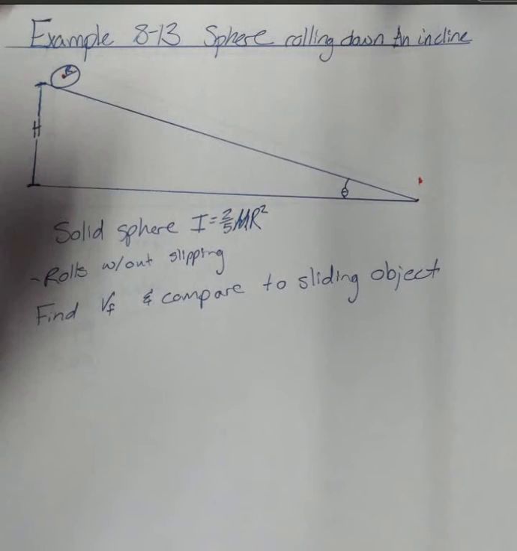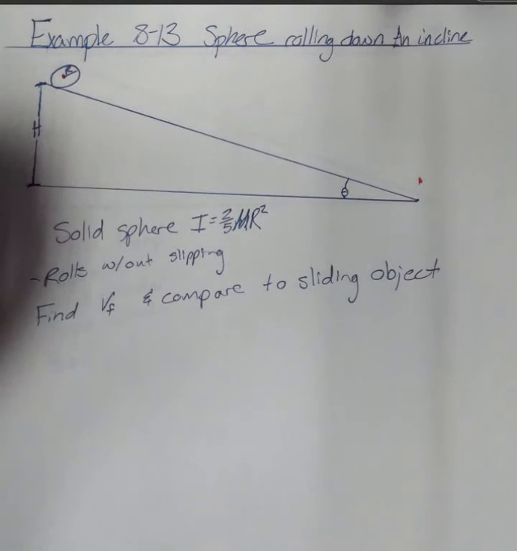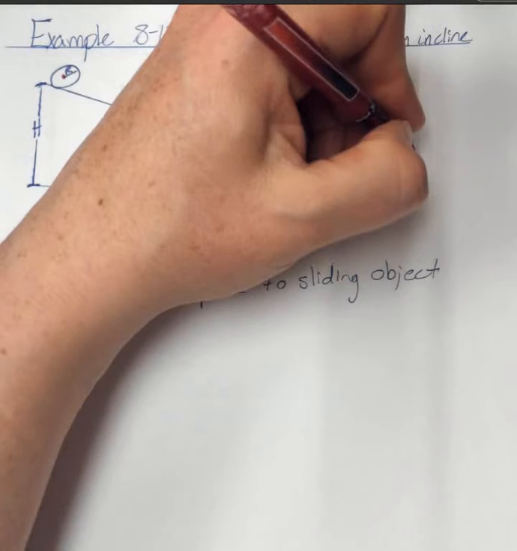And since that sphere is rolling down the hill, it's going to have rotational energy. So we're actually going to be analyzing a situation that has both translational and rotational kinetic energy. And the question is, what's the speed of the solid sphere when it reaches the bottom? So we want to know what the velocity is down here.